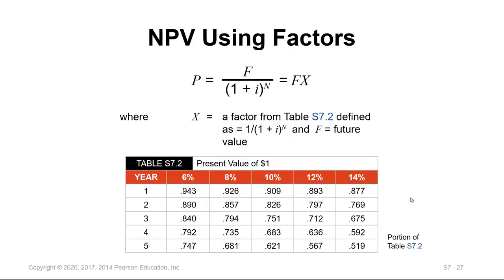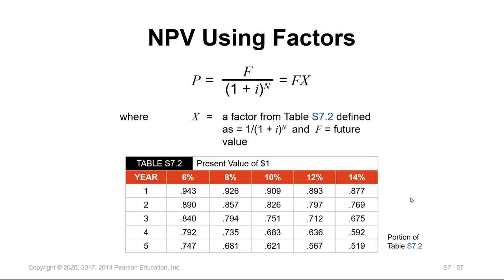The 1 divided by 1 plus i to the power n is a factor that can be calculated mathematically just by using the value of i and the value of n. Calculating with the future value, you can get the present value, or you can use the table shown in this slide.